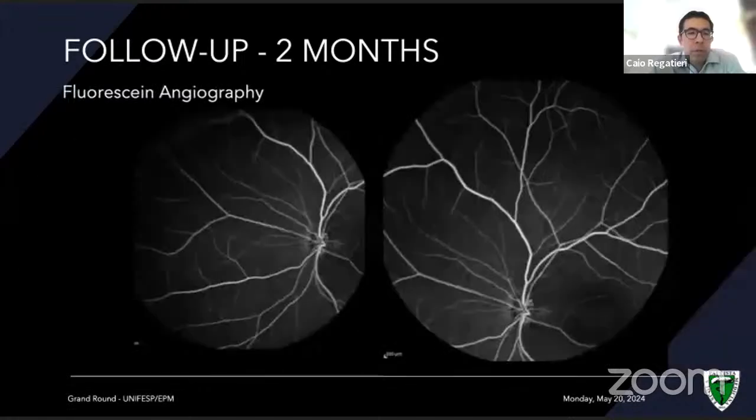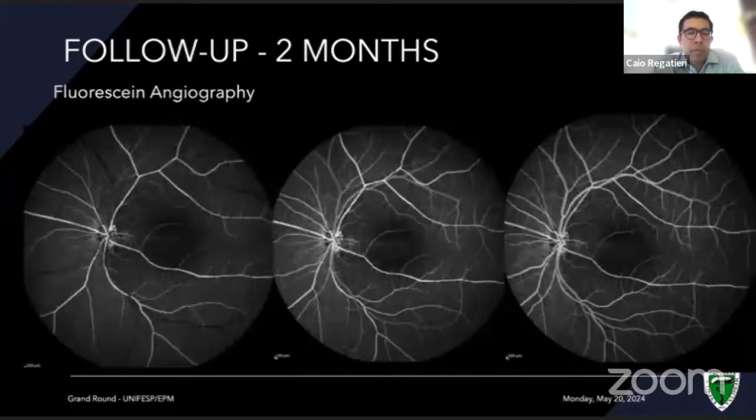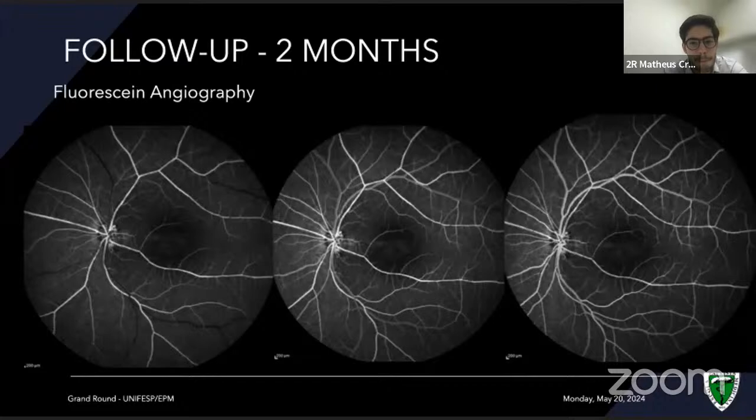Mateus, in these exams it's important to put the time after injection, because usually you have a delay on the timing. Okay, so just put a time here in this slide. Okay. Thank you.